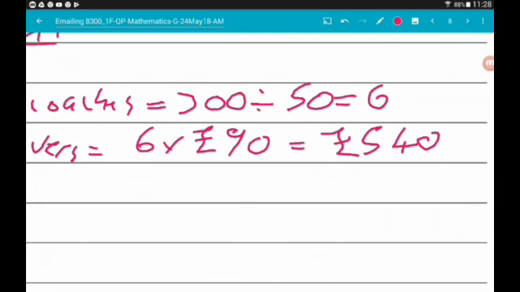So the total cost was the cost of the drivers, so 540, add the cost of the fuel, so that's add 840, which gives us 1380.